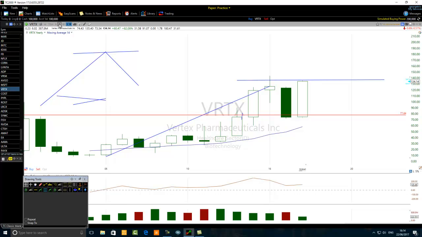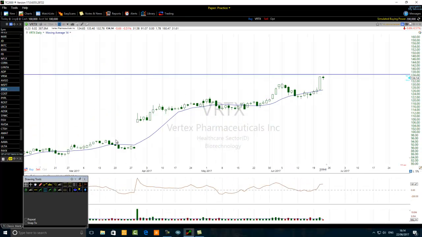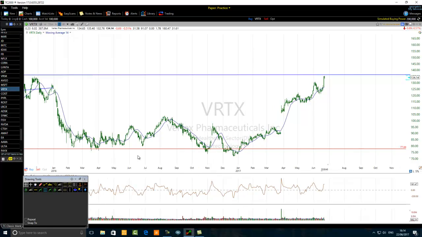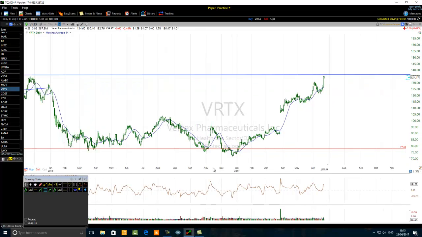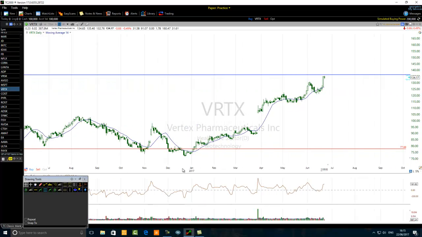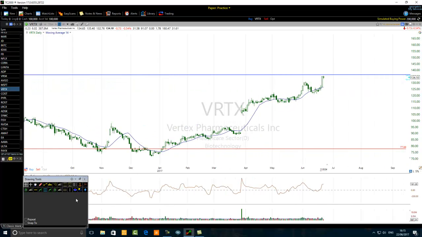Hopefully, if I go to the daily chart, the price forms a higher low after a lower high. I'm looking at my chart to see if I can find one good example to show you guys. A lower high. Will you agree?